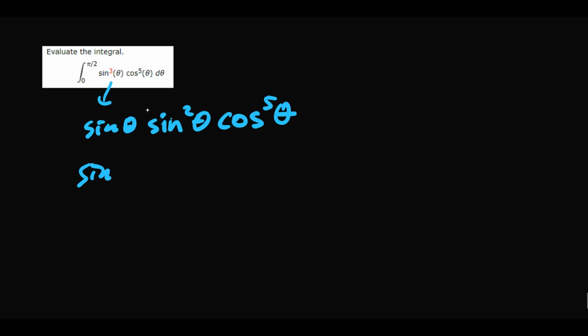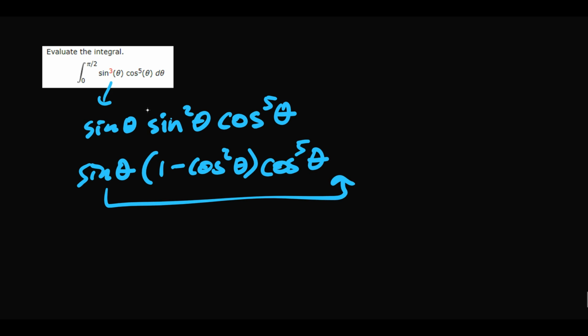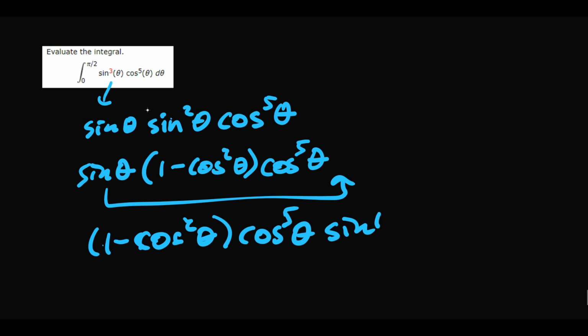And now that sine squared is 1 minus cosine squared, using the Pythagorean identity again. I'm going to move this over here. This is 1 minus cosine squared times cosine to the 5th theta, sine theta.